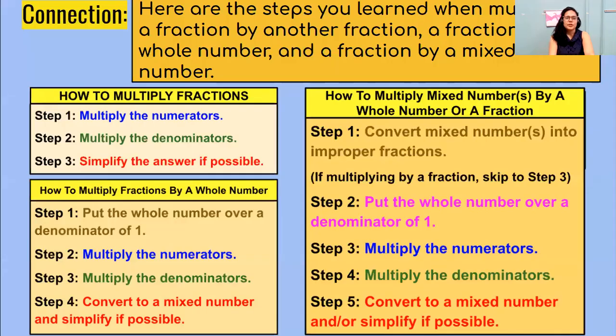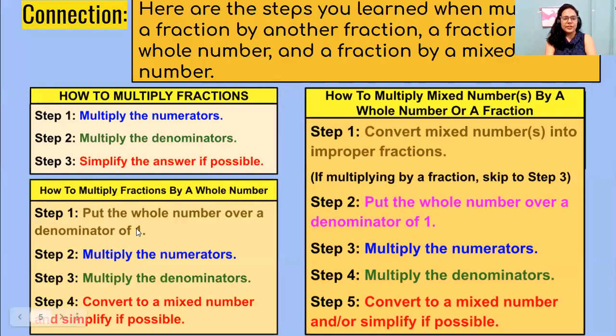Okay. So let's remember how to multiply fractions. And I have put it on the slide in case you need to go back to it when you do the work for the following problems. But I'm not going to go over all of it right now, just briefly. When we multiply fractions, we multiply the numerators, and then we multiply the denominators, and then we simplify the answers if we need to.